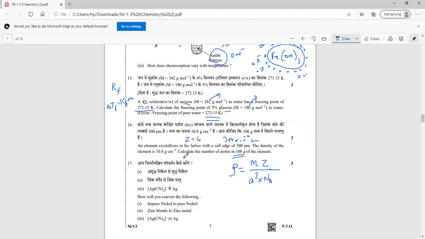So from this value we can find out the value of Z. We will not just assume that since it is FCC, Z has to be 4. In this case, this Z has to be found out. So we will just use all these values. Z is equal to rho a cube Na by whatever mass is given, 108 gram, and then this has to come equal to 4.